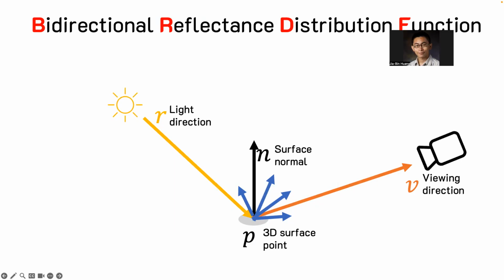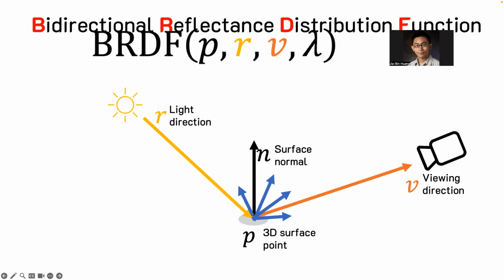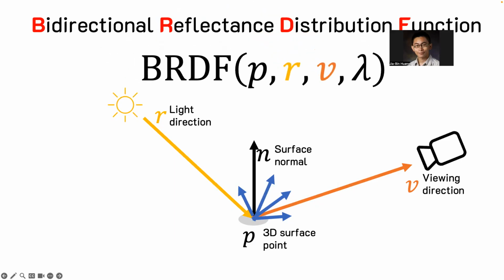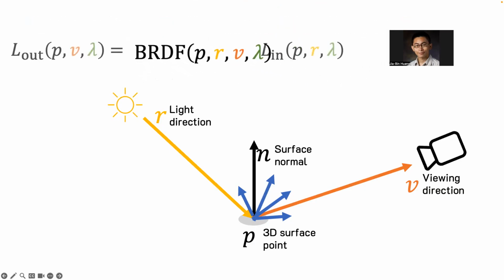What it says is that it completely characterizes how, if I have different light directions and a different observation, what the observation is. Okay, it's a 4-dimensional function that looks like this. So you can characterize this by saying the following: the light output you receive at a specific angle is a function of this BRDF.